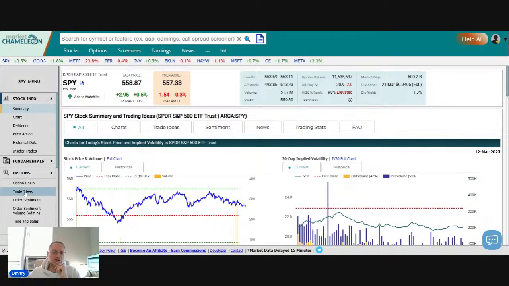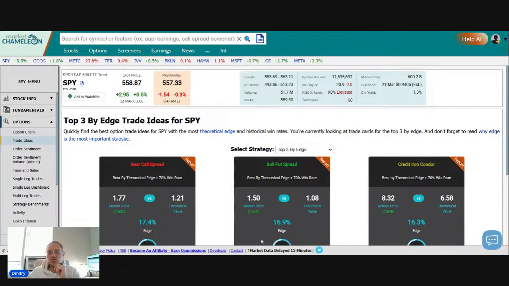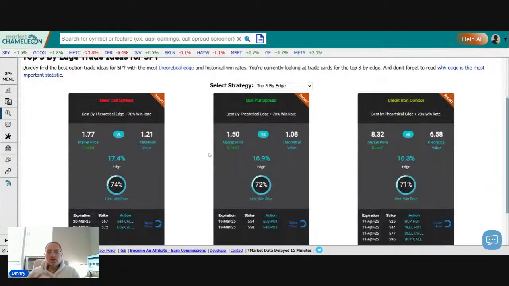Let's click on trade ideas. And then we will come to this page that scans different trading strategies, comes up with ideas based on preset conditions.